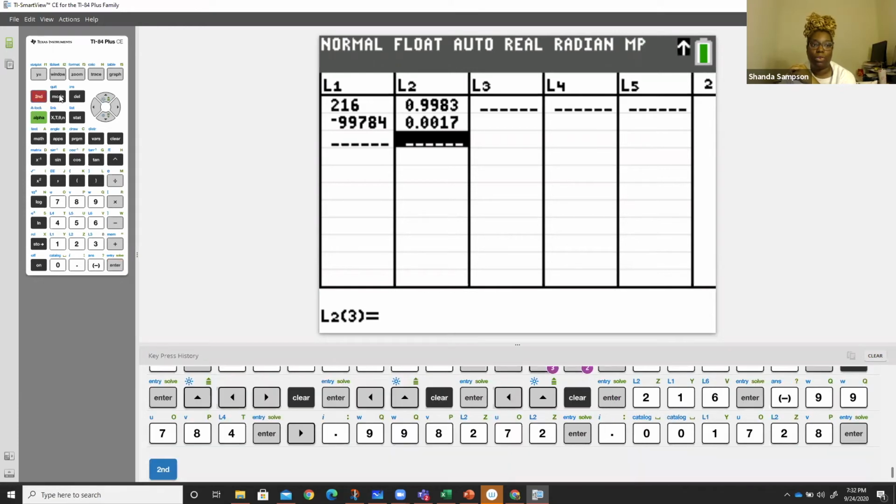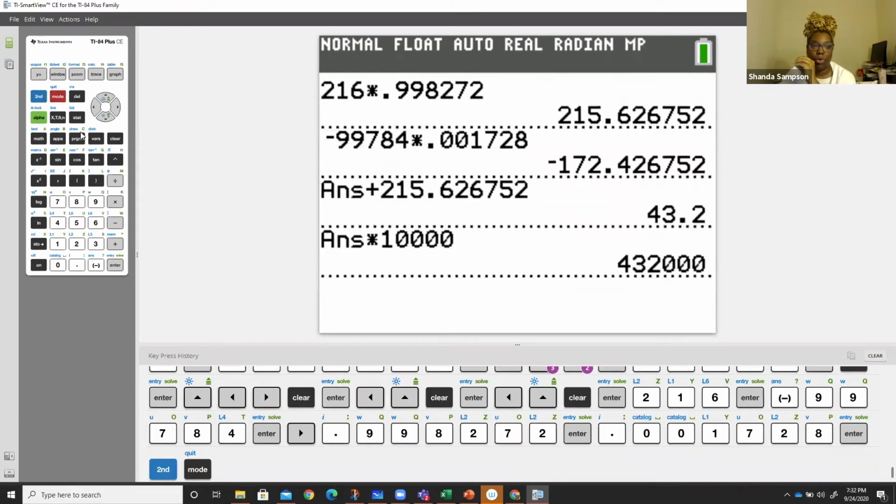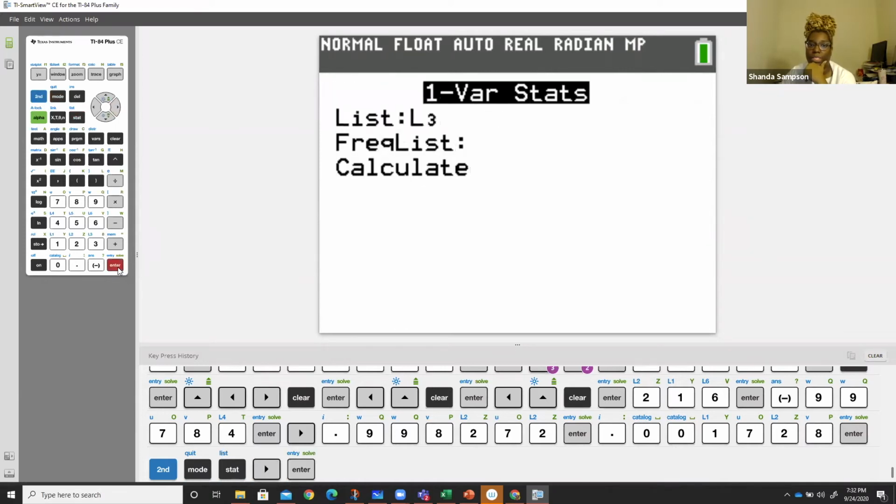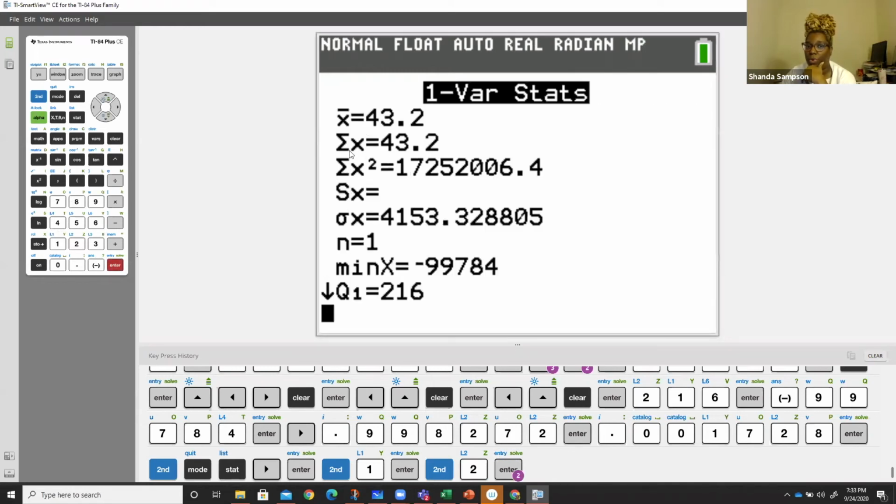But from this point, you can do this. You can go into stat and you can go over to calculate and one variable statistics. In here, you will put list 1, and then under frequency, you would put list 2. This is only if this screen pops up for you. If it doesn't, I'll show you what to do next. And you hit calculate, and then it will calculate for you as you see 4320.